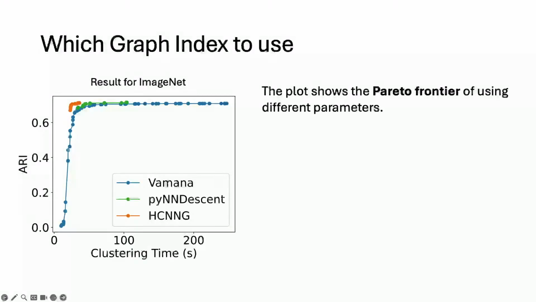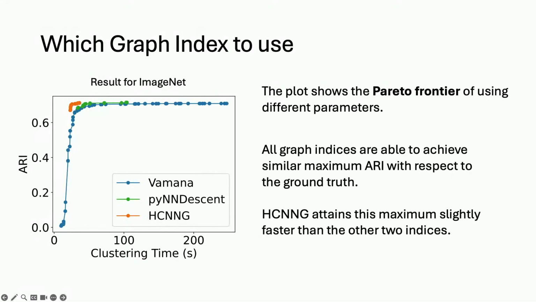Yeah, question? Am I reading this correctly, that HCNNG is actually a great solution according to this plot? So for this particular data set, it's pretty good, but this isn't necessarily true across the board. Across all of our experiments, we found that they all perform pretty similarly. But for this particular data set, HCNNG is able to get a similar maximum ARI, but it's slightly faster than using Vamana or PyNN descent.